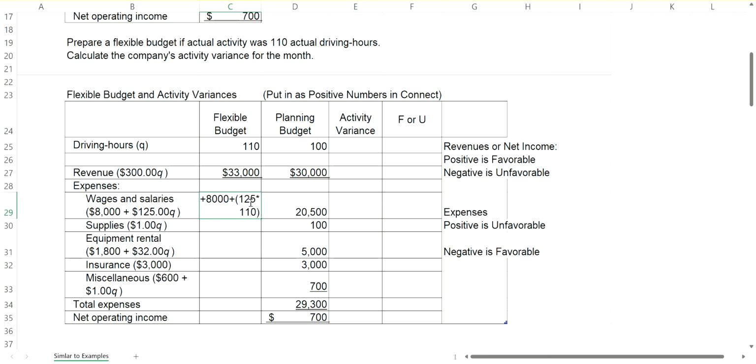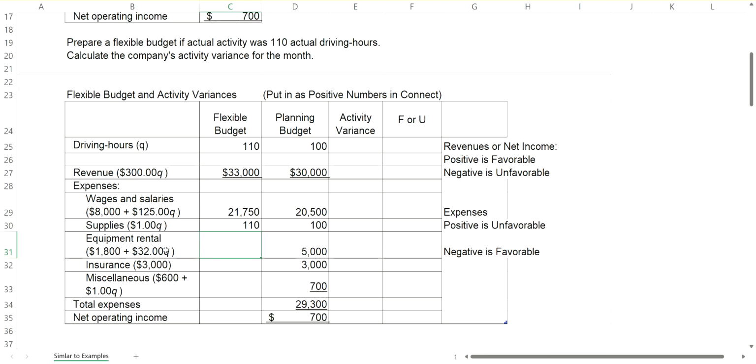So when you're calculating this, you want to take 125 times 110 first to get the variable part, and then add on the 8,000, the fixed part. So total is $21,750. For supplies, it's $1 per driving hour, so $1 times 110 hours, 110.